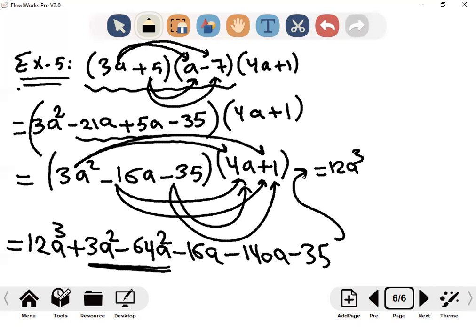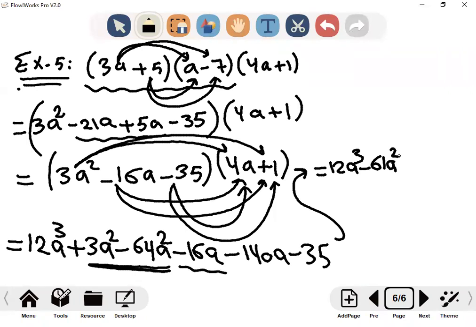Combine them: 3 minus 64, negative 61a power 2.